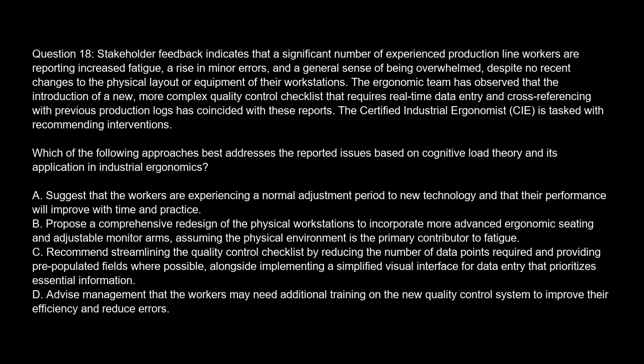Option C recommends streamlining the quality control checklist by reducing the number of data points required and providing pre-populated fields where possible, alongside implementing a simplified visual interface for data entry that prioritizes essential information. Option D. Advise management that the workers may need additional training on the new quality control system to improve their efficiency and reduce errors.